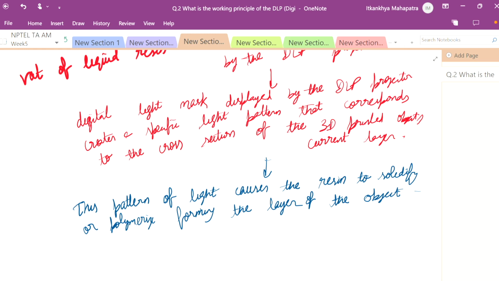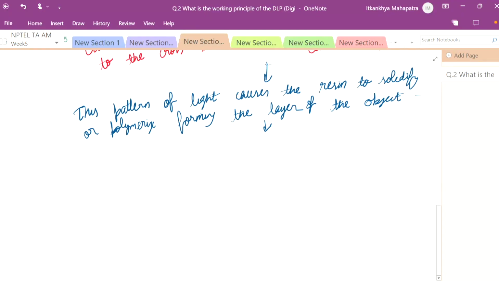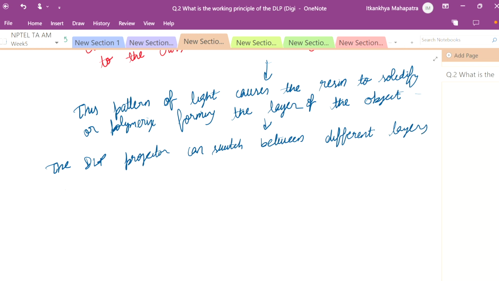Subsequently, the DLP projector can switch between different layers, allowing for the sequential creation of each layer of the 3D printed object.